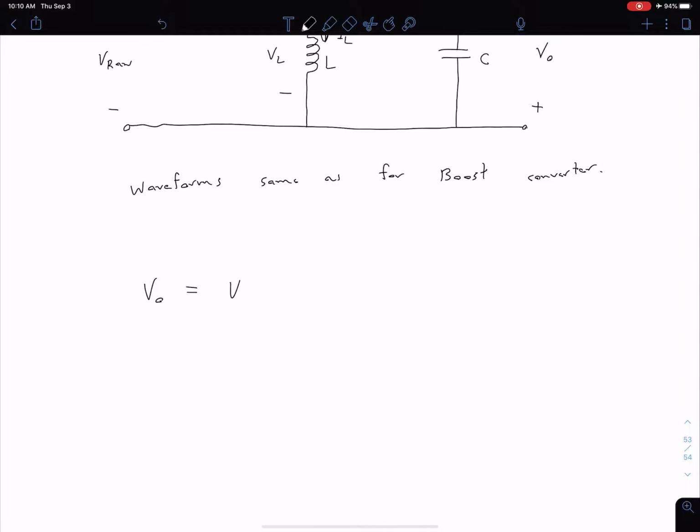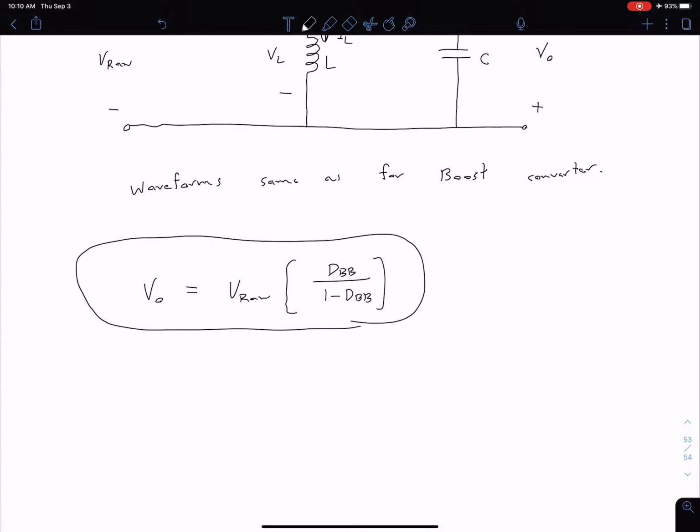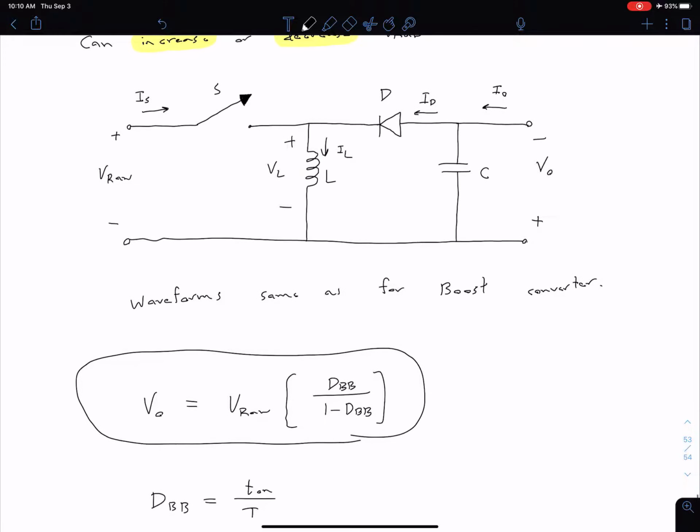We can say V out equals V raw times d_BB divided by 1 minus d_BB. And what is our d_BB? Our d_BB is just our duty cycle for our buck-boost, defined as T on divided by our switching period T. A similar definition to what we saw for our buck converter, because now our switch is back such that it is connecting input to the circuit when it's closed and disconnecting when it's open.